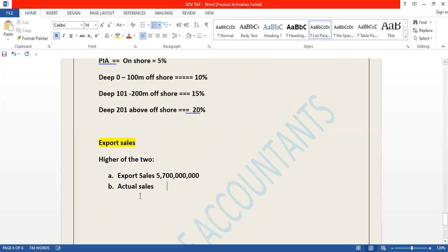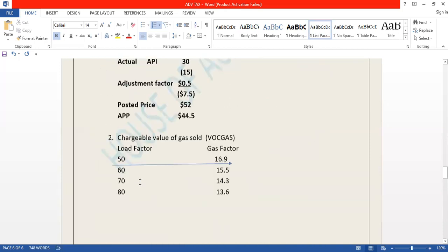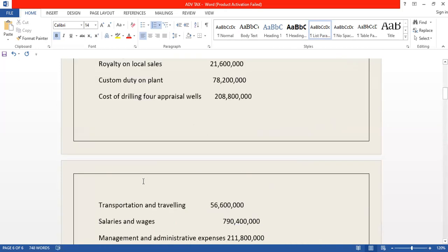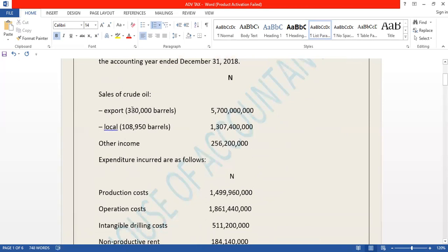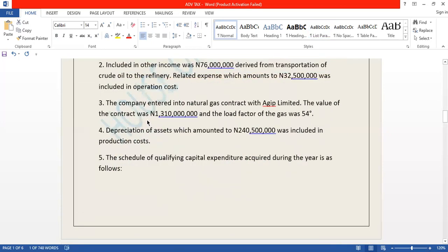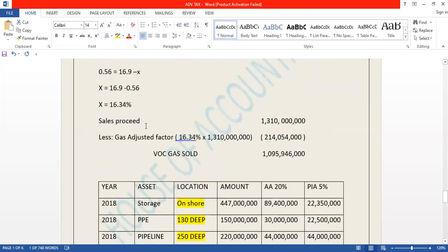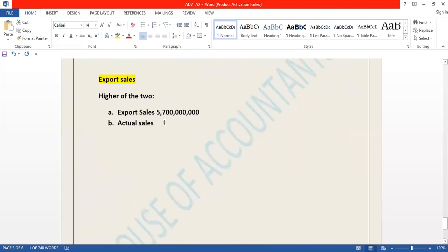How many barrels do we have in that question? They sold 380,000 barrels of crude oil. So we are coming back there to pick that. 380,000 barrels. That's what they sell.